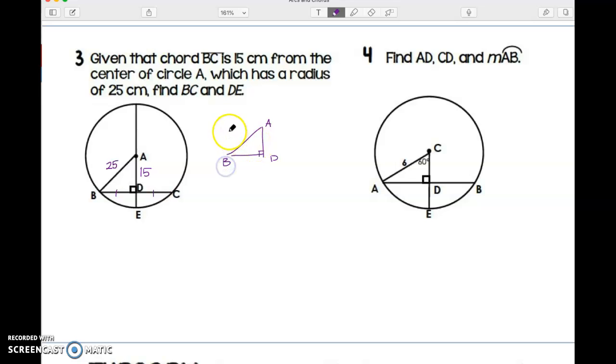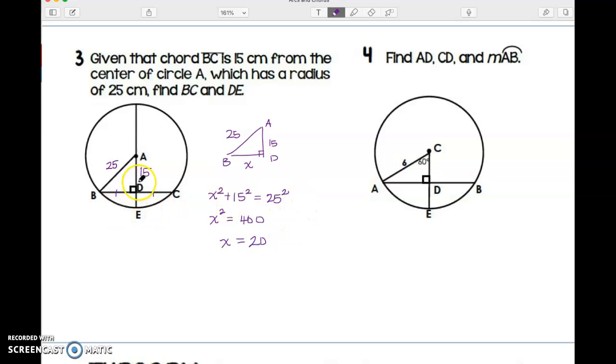So we can use the Pythagorean theorem to set up and solve for the missing side. So x squared plus 15 squared is equal to 25 squared. 25 squared is 625. To solve this problem, we're going to have to subtract 15 squared from 25 squared. So that's going to be 400. We would take the square root of 400, which is 20.